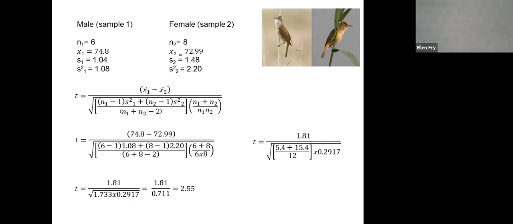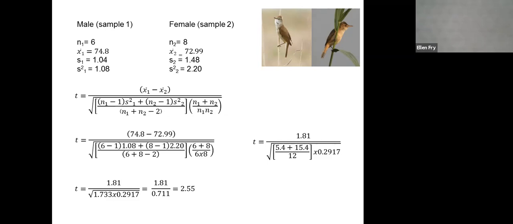As for the chi-squared, we check the table of values to see if it is significant. Bear in mind, every statistical test will have a different statistical table. So the t-test has its own table for checking these values. Our degrees of freedom are 12. You add the n values together, so that's 6 plus 8.